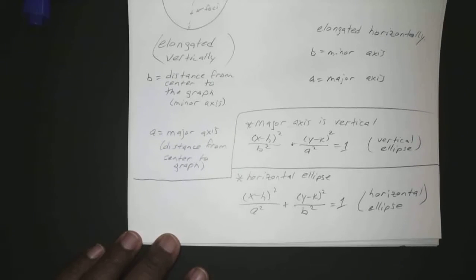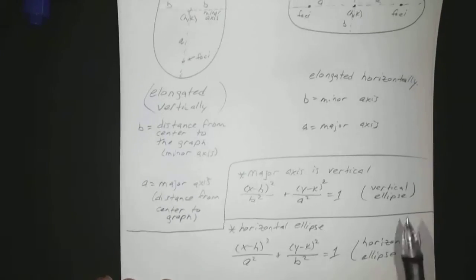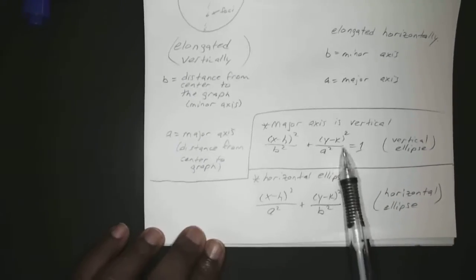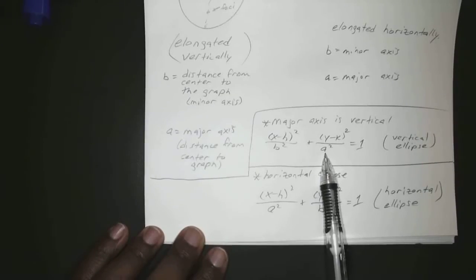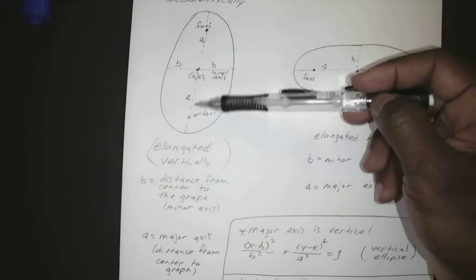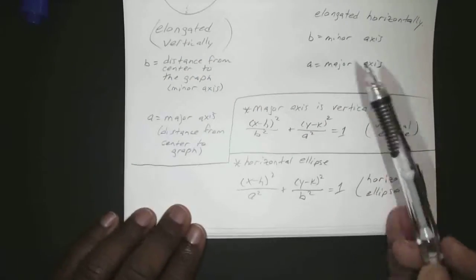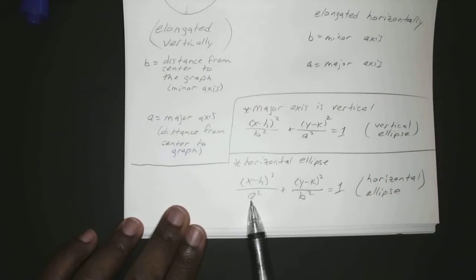So if you notice, wherever your major axis is, for the horizontal, your major axis is a. For the vertical, your major axis is vertical, so that's why your a is now under the y.